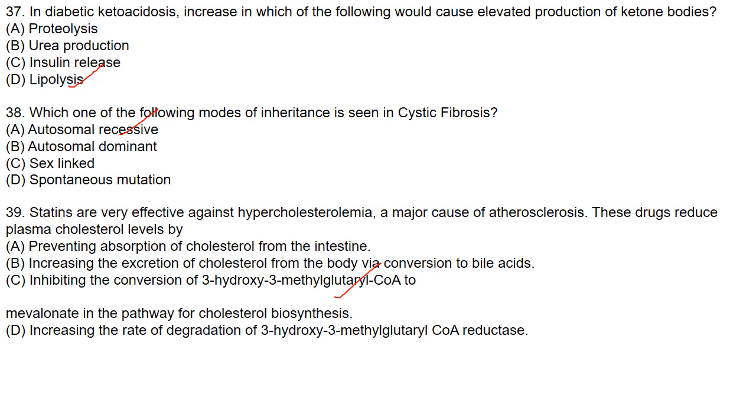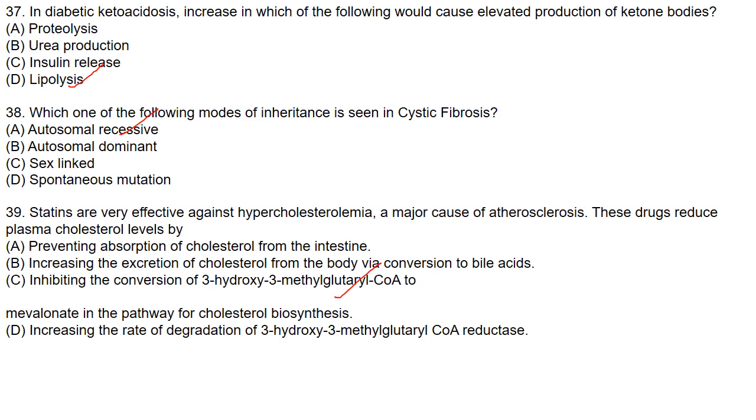When too many ketones are produced too fast, they build up to dangerous levels in your body. It is lipolysis. Lipolysis is the breakdown of fat as fuel in the liver to produce ketone bodies. So that is because of lipolysis.